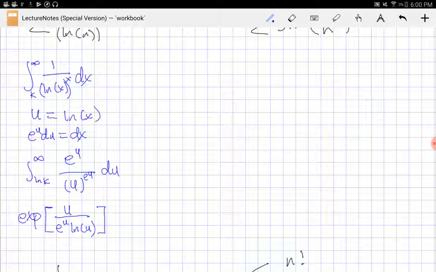And since we know, I guess we'll put an integral here, du. What we know about the series, so let's actually convert this back to a series, the sum from n equals b to infinity of the exponent of u over e^u ln u.